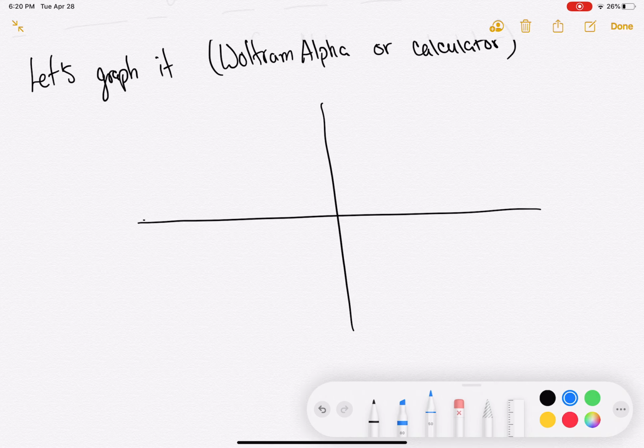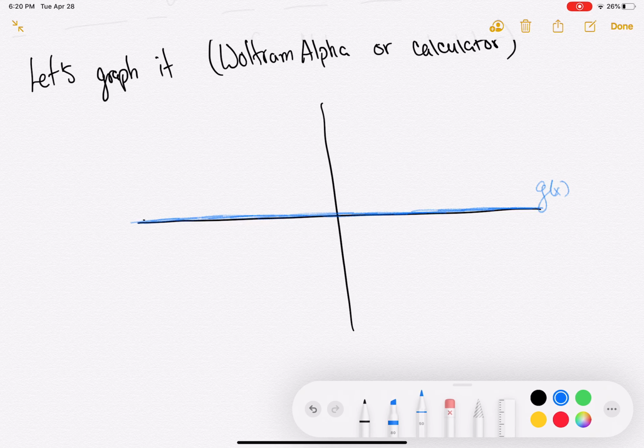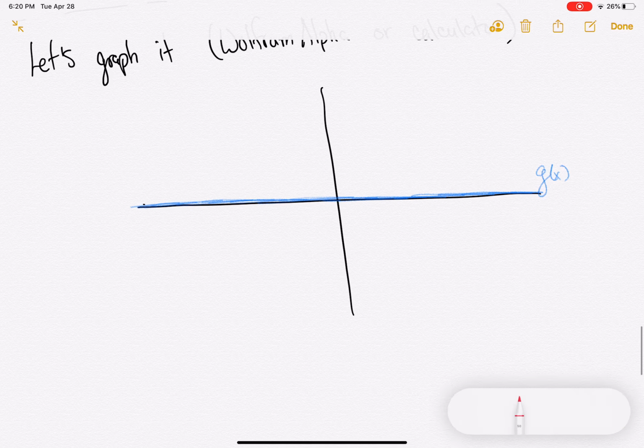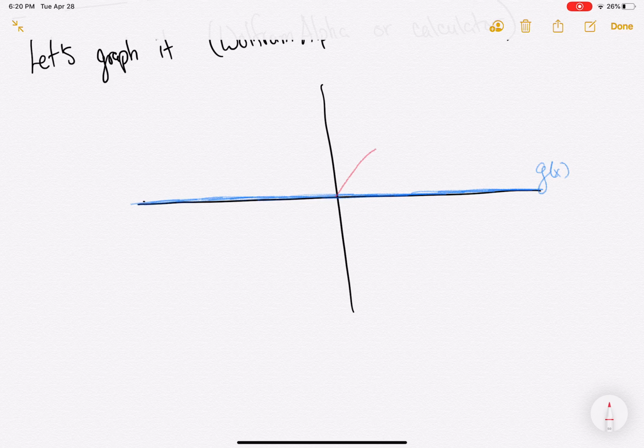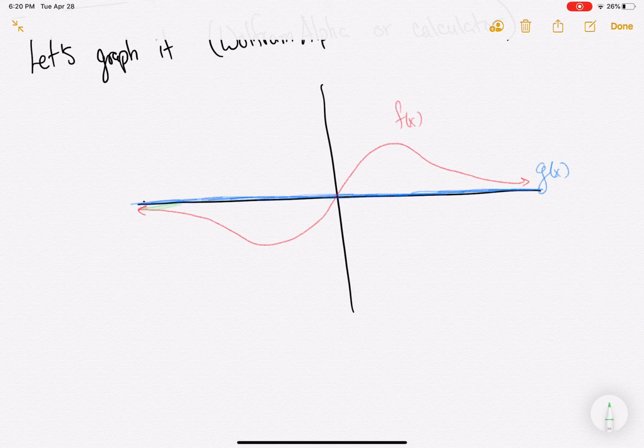Of course, g of x is not a tricky one here. g of x is equal to 0. f of x is just a tiny little bit trickier. It's got this sort of a shape. And so this is our total area, the piece in green.